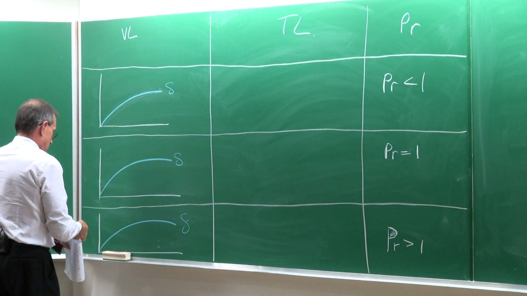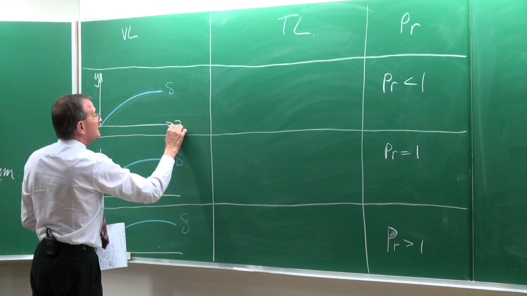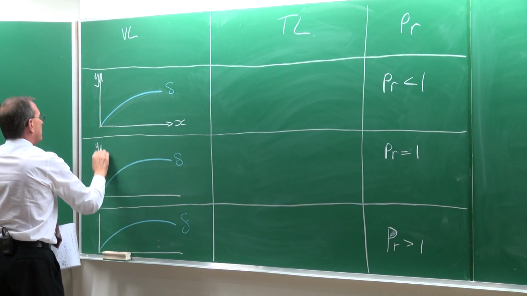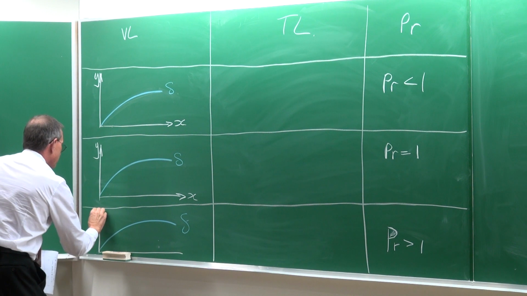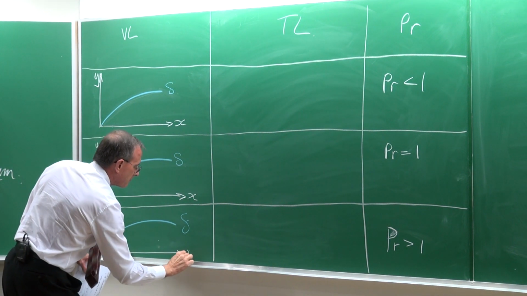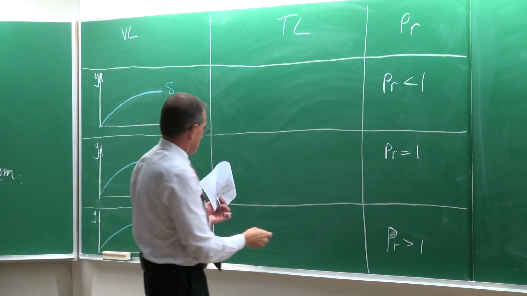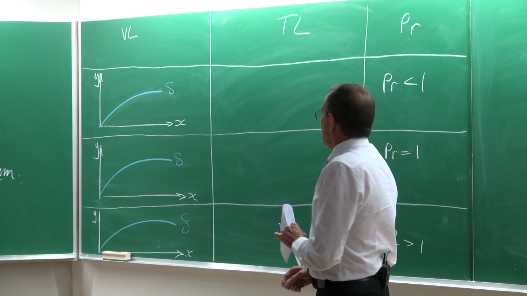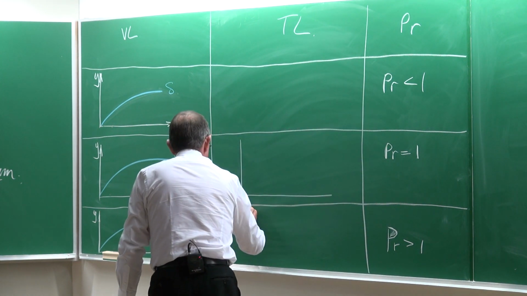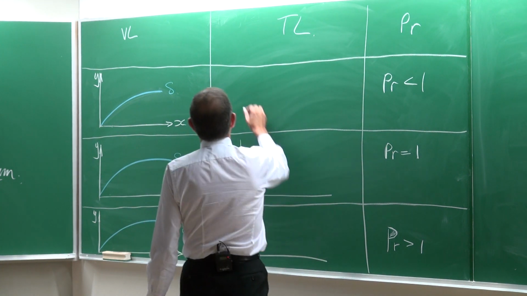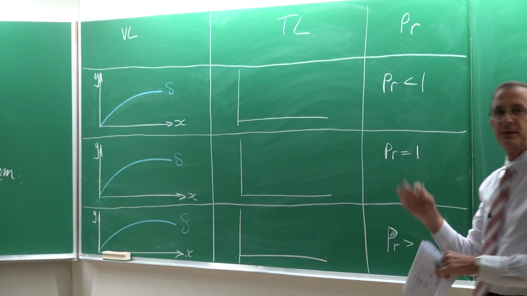And here we will have the y-axis and there's the x-axis. So that is the case where we only have fluid flow around or over a flat plate or a body, typically.